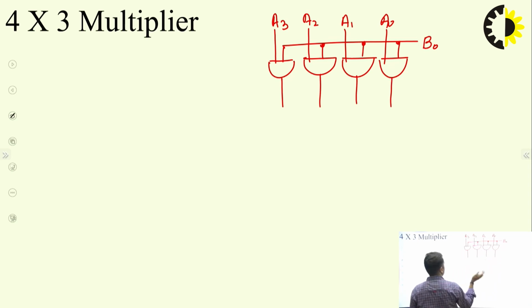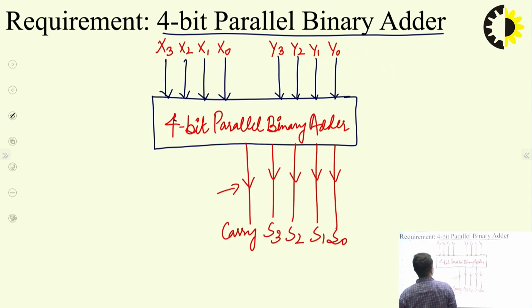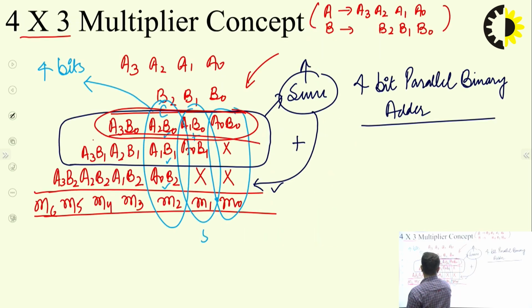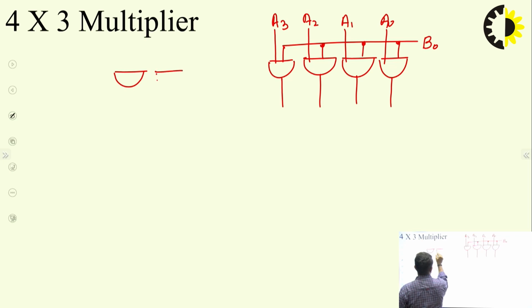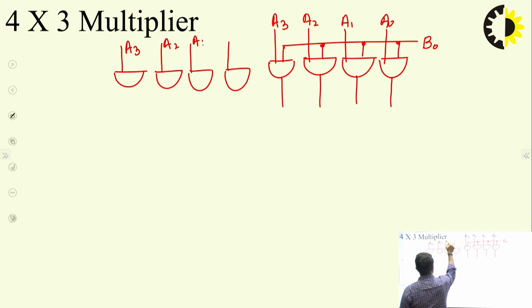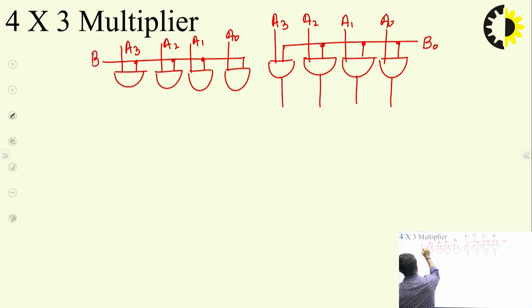Then this row is going to be added into the second row. So the second row is this one. This is the multiplication of A3, A2, A1, A0 with B1. So let's design another row: A3, A2, A1, A0, and this is going to be multiplied with B1.